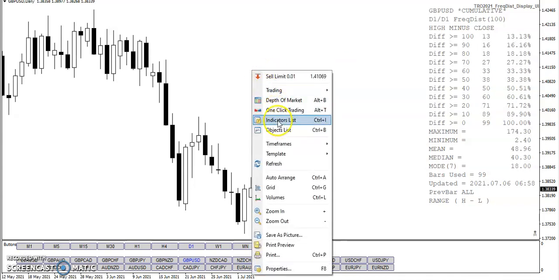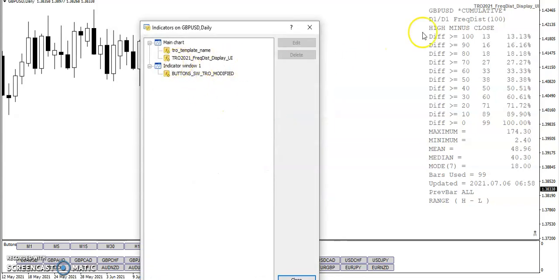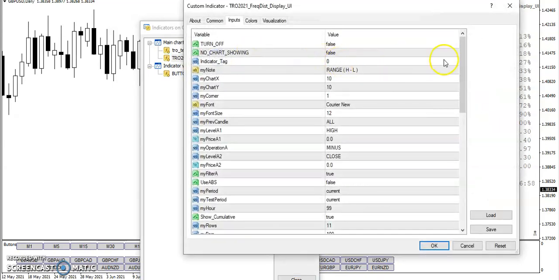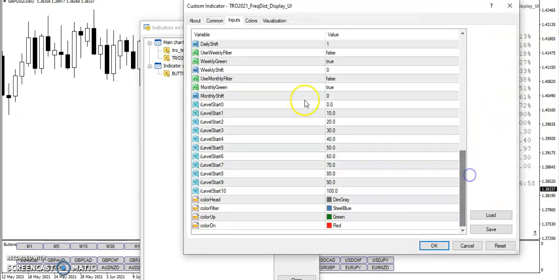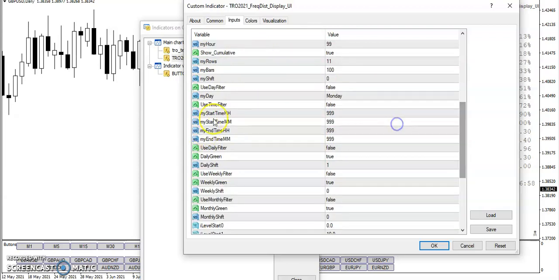In fact, somebody was asking me, what is that indicator? Well, the latest version is the TRO 2021 frequency distribution display UI. UI stands for user input, because you've got a lot of inputs. You can say what the level is. You can use weekly filters. You can use time filters.